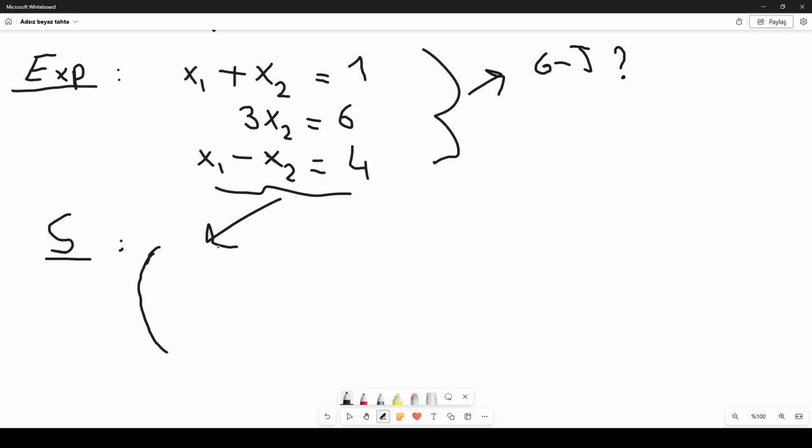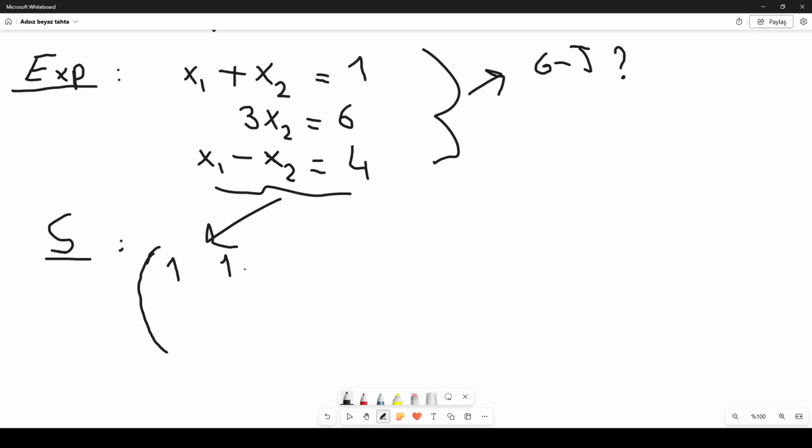Let's write it down, and be careful. We have two unknown variables, but we have three equations. Appending the right hand side values as well, we will have a 3 by 3 matrix. Just be aware of that.